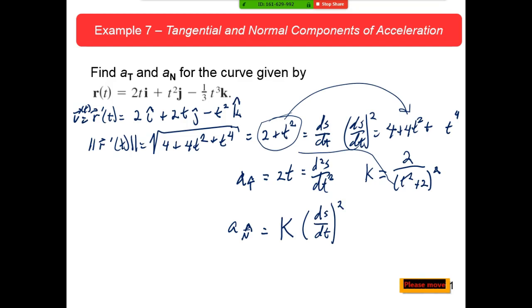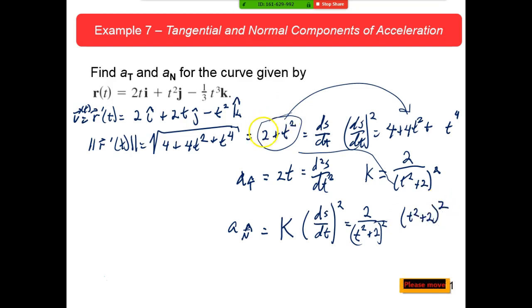The K is 2 over t squared plus 2 squared times ds dt squared, which is, I'm going to go back to this and just write it as t squared plus 2 squared, right?